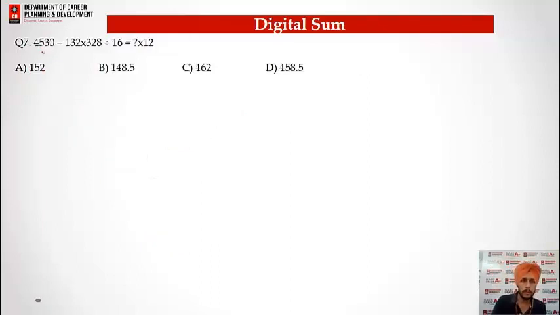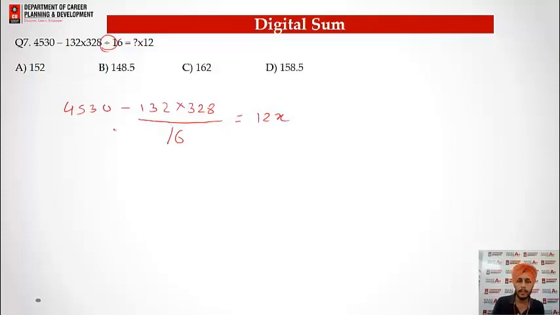So let's move to another question, that is 4530 minus 132 into 328 is divisible by 16 is equal to x into 12. So we are introducing a divisibility sign here in this question. So what we will do to eliminate this division sign, let's see. So we can write it as 4530 minus 132 into 328 is divisible by 16 is equal to 12x.